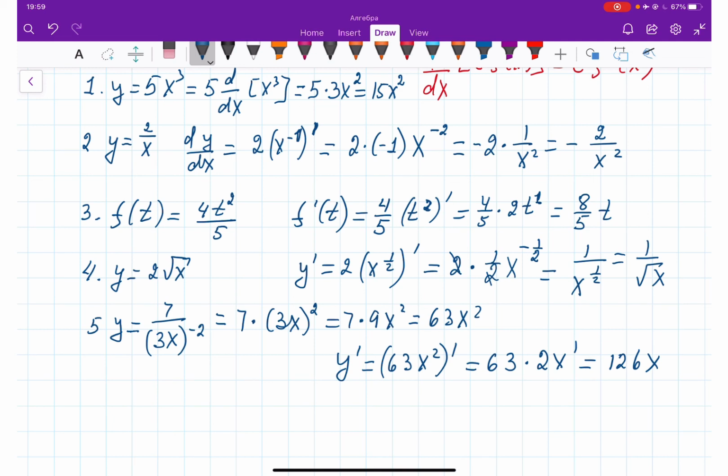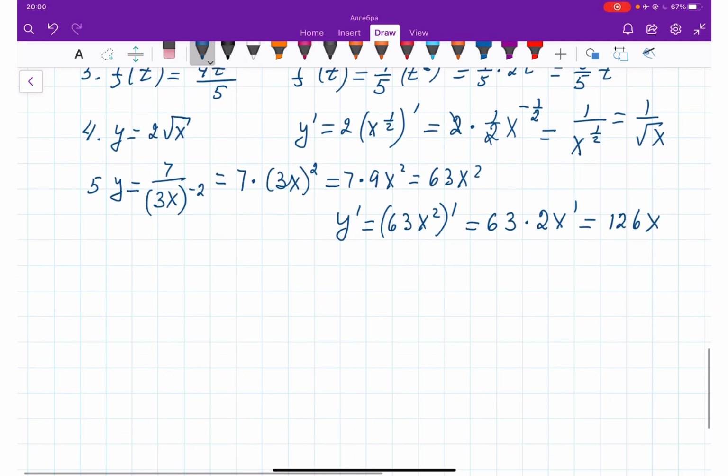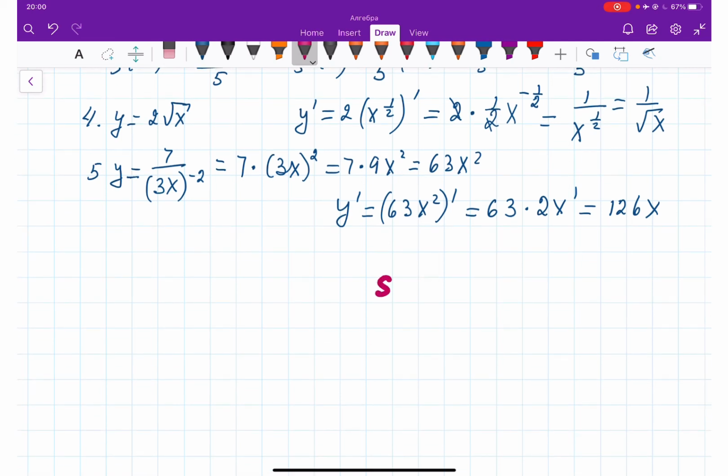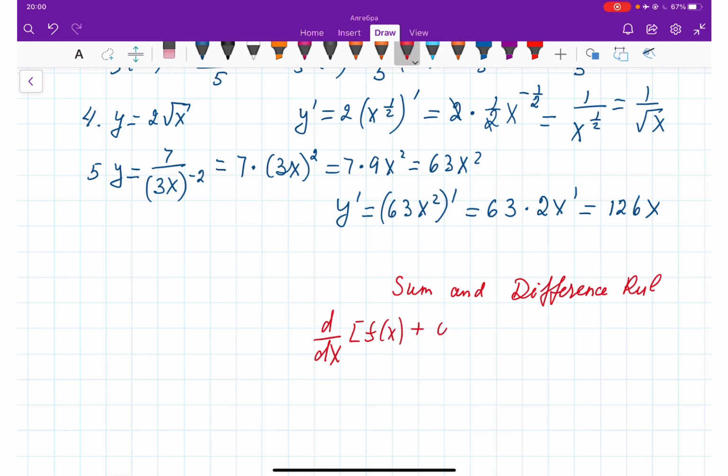We have two more rules, the sum and difference rule, where d by dx of f of x plus g of x is equal to f prime of x plus g prime of x, meaning the derivative of a sum is equal to the sum of derivatives.